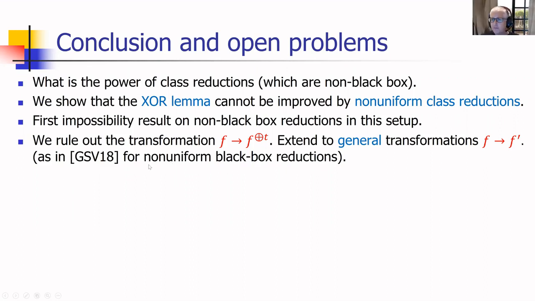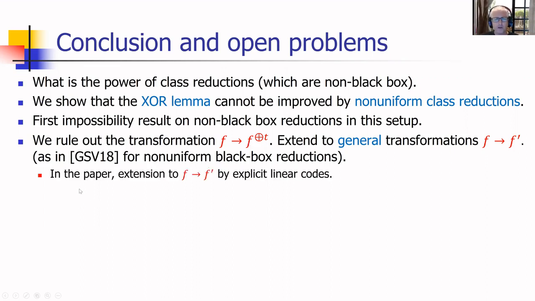So for non-uniform black box reductions, we can rule out general transformations. And here we can only rule out transformations of the form of Yao's XOR lemma, or slightly more powerful transformations. In the paper, we also show an extension to transformations which are achieved using explicit linear codes, but not for any general transformation. So an immediate open problem is to try and extend this work to a general transformation like it was done in the previous work.